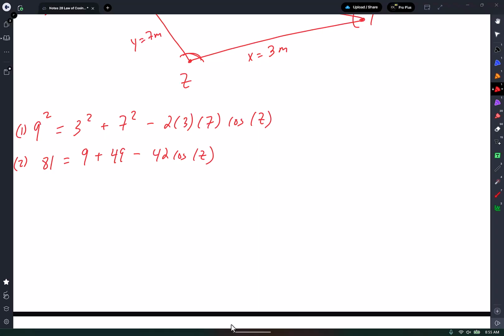I want to get angle Z by itself, so that means I need to isolate cosine Z. So let's do that. Step 3 first is I'm going to combine these two numbers right here. You see those two? So I'm going to go 81 equals 49 plus 9. That is 58.